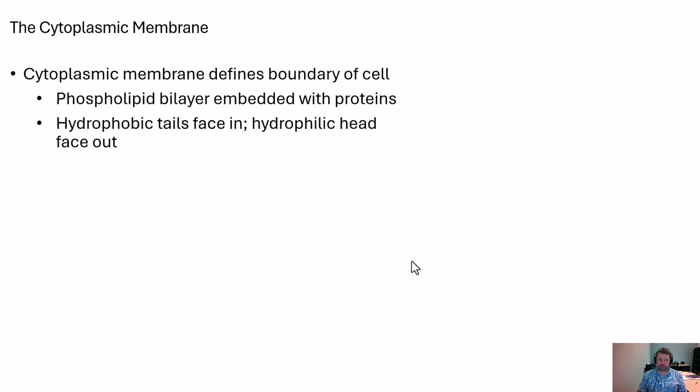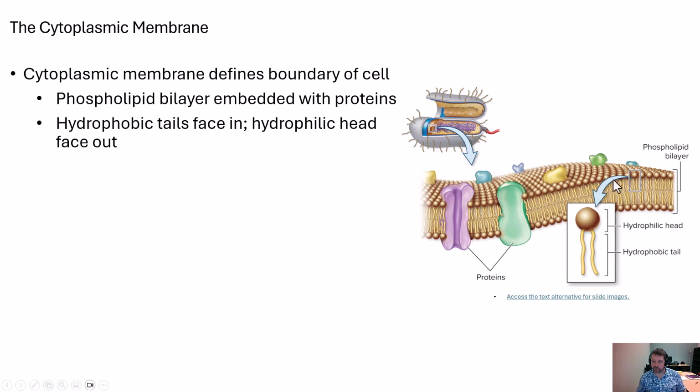Okay? And so that phospholipid bilayer, so it's two layers, the hydrophilic heads are going to be pointing out, like you can see here, and the hydrophobic tails are going to be pointing in. Okay, so hydrophilic head, phosphate, and with a glycerol connection to the fatty acid, and then hydrophobic tails, which are these fatty acid chains that come off.